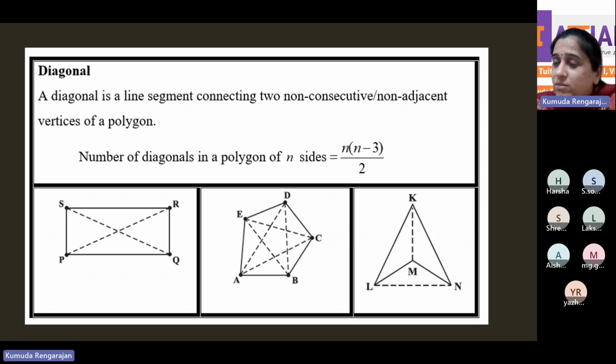Next, what we are about to discuss is into how many triangles you can divide a polygon. I think you can just make a note of this, children. Please make a note of whatever you see in this slide.